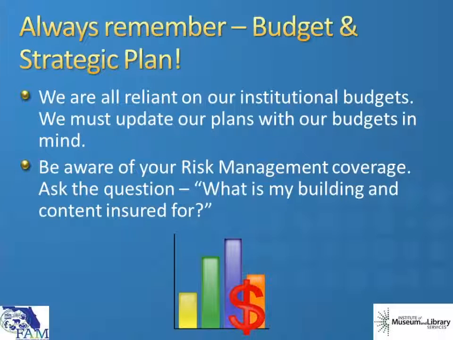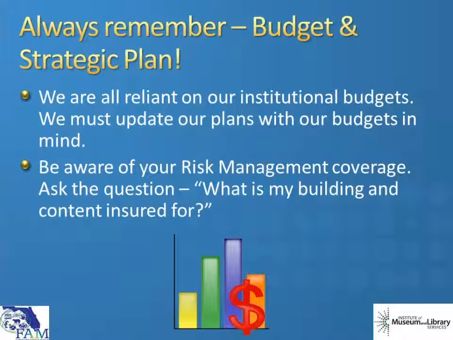So I think that considering our budgets is a good plan enhancer. What can you afford to handle? And again, whoever handles your risk management within your institution, ask the questions. Can you tell me what my building and contents are insured for? If fire sweeps through this library, we've got 110,000 items in our collection. We are grossly underinsured, would never be able to replace 110,000 items and the building and other contents, furniture and so forth.